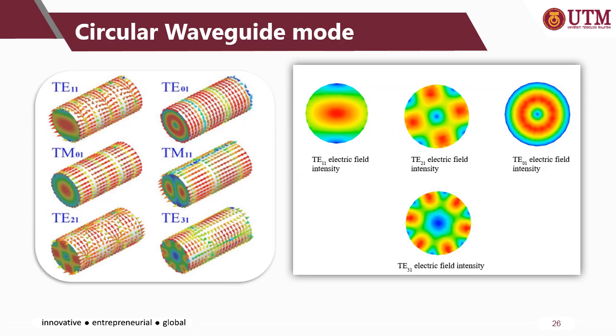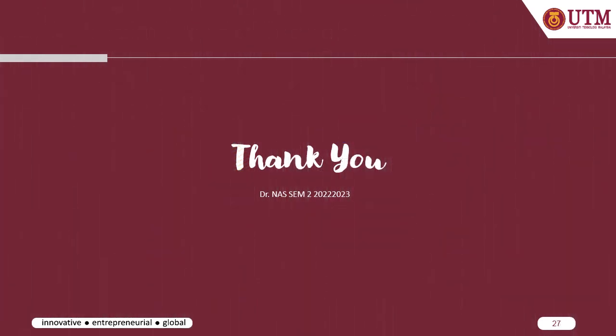Finally, the slide shows different modes of circular waveguide transmission, where you can see different distributions of the field intensity depending on the mode of transmission. Basically we have ended the first part on waveguide structures, so I'll continue with other types of waveguide structure in the next part 2.